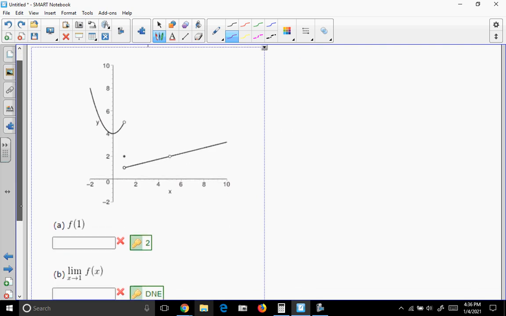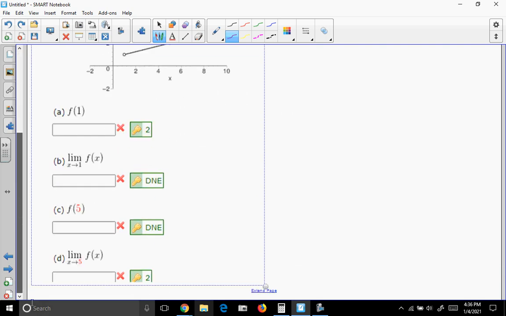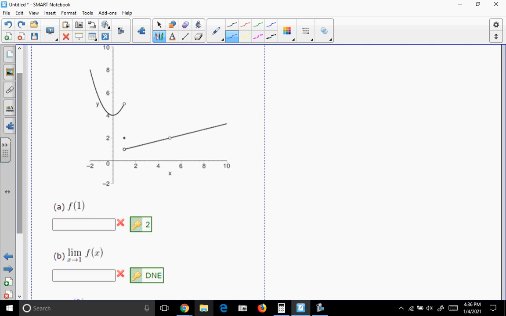Now here they give us this graph, and they ask us some questions, and I've got the answers shown, but let's see why those answers are what they are. So the first question is, what is f of 1? Remember, in this notation, f is our function, this is the x value, and we're looking for what y value corresponds to the x.